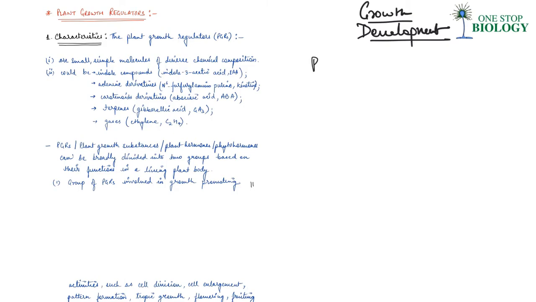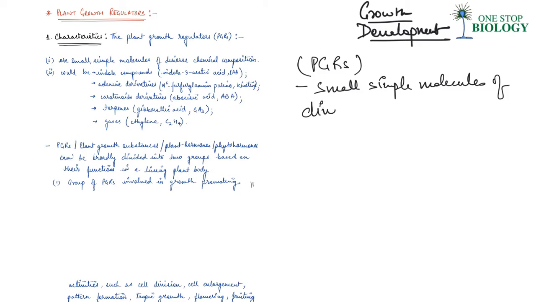So basically PGRs are small simple molecules of diverse chemical composition. And they could be basically different types of chemical derivatives.